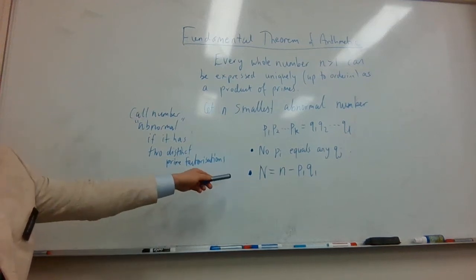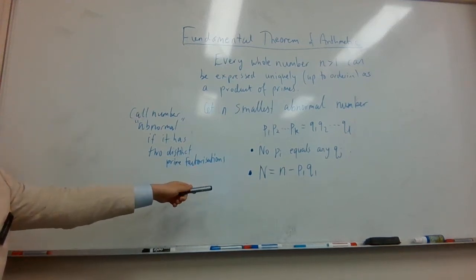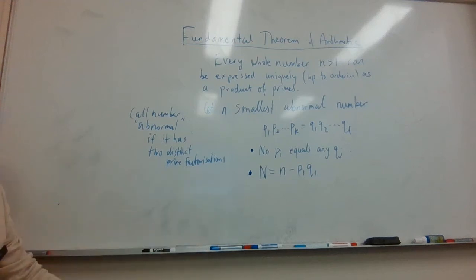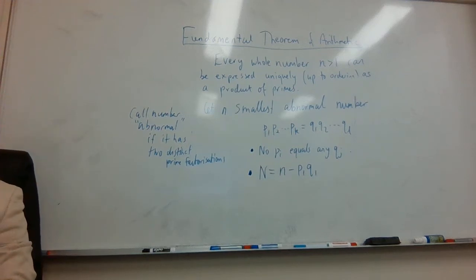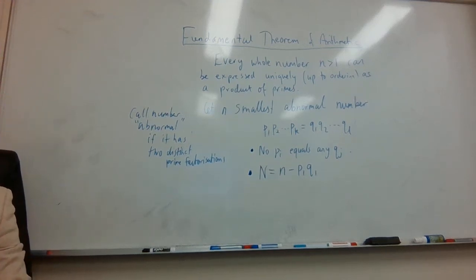I define another n, this n minus P1 Q1. Maybe you can tell me something interesting about big N. This is kind of weird. I mean, you can factorize it, right?